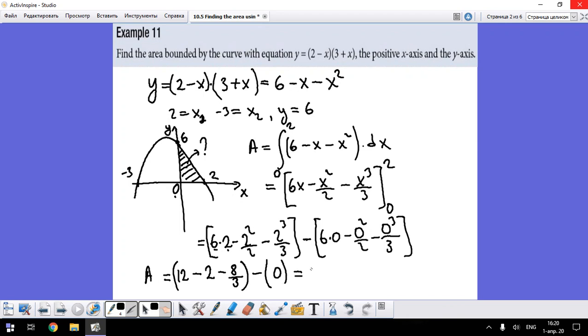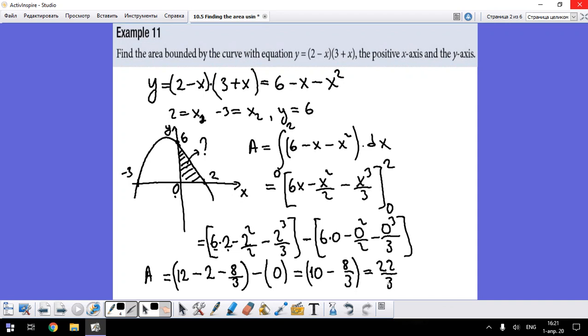So let's write it here as an answer. We can write here 10 minus 8 divided by 3 in the parentheses, or if you make the common denominator you will have 22 divided by 3.